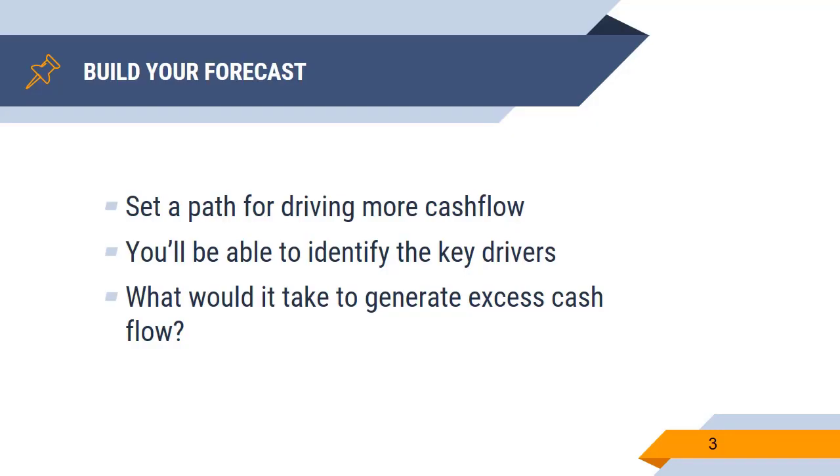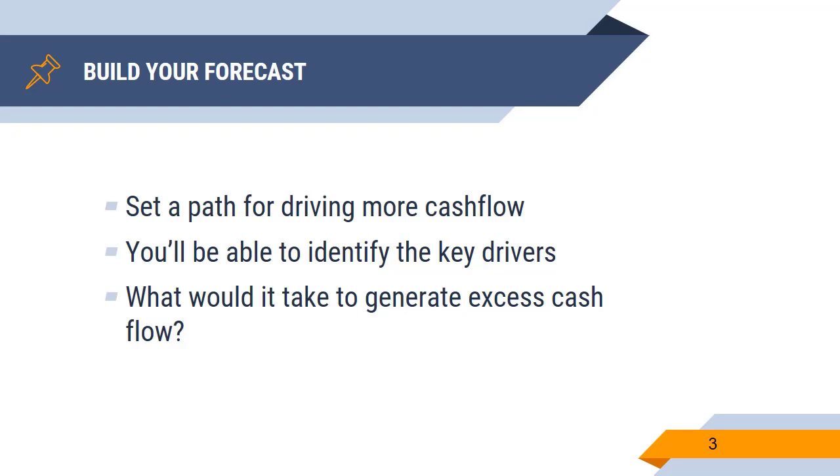So here's what we're going to do, like I just said: set the path for driving more cash flow in the business. Start to identify those key drivers. Like Philip showed in the guide that you read earlier in this section, you want to know what's happening with the cash, what's about to happen to the cash. And when you identify what's happening, you need to see what are the causes, what are the things that are having the biggest impact on that.